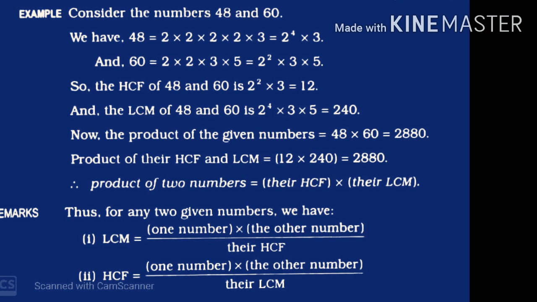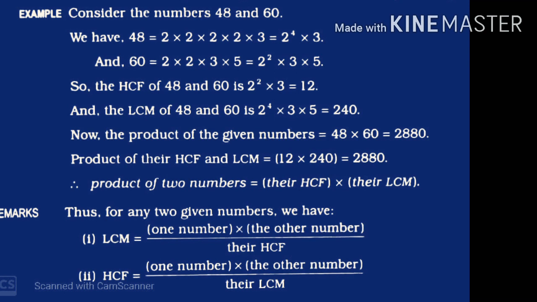So it is 2 to the power 4 into 3 into 5, that is 240. So the product of the numbers 48 into 60 is 2880 and the product of the HCF and LCM is 12 into 240, that is again 2880. So it's proved that the product of two numbers is equal to their HCF into their LCM.